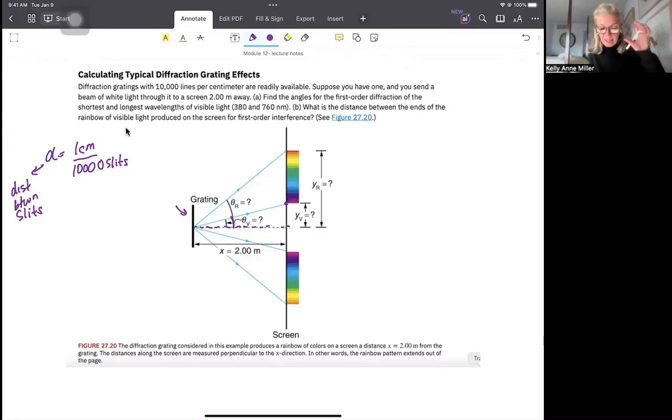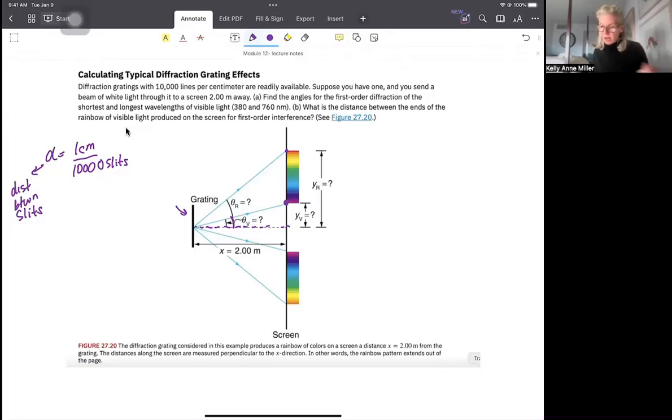Within the m equals 1 fringe, all the colors separate out. At one end you've got violet, and at the other end you've got red. So it wants us to find the angle between the central maxima and the violet, where the m equals 1 fringe starts, and where it ends with the red, if that makes sense.